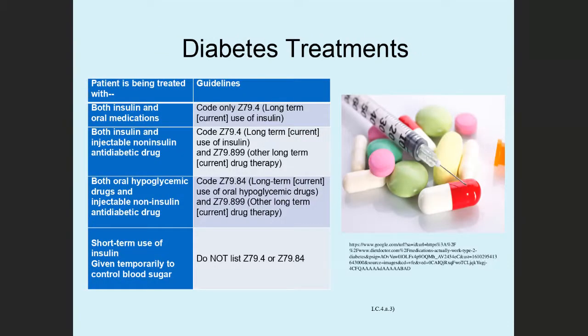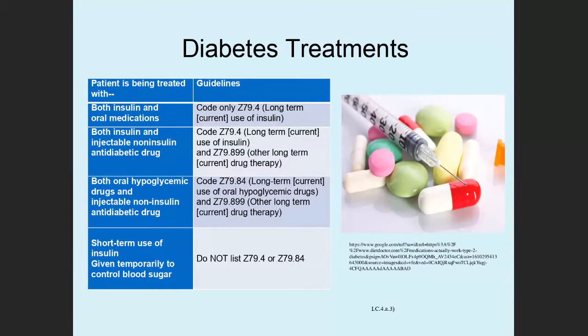So here's a summary of the diabetic treatments. If the patient is receiving both insulin and an oral medication, code only the insulin, Z79.4. On the other hand, if the patient is using insulin and an injectable non-insulin antidiabetic drug, you code Z79.4 and Z79.899.